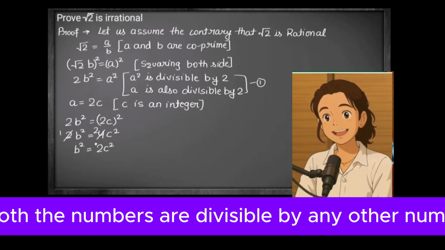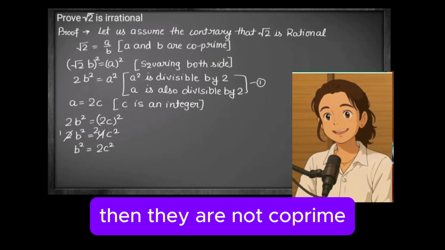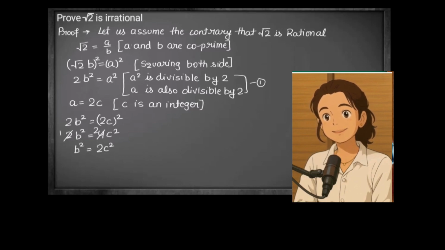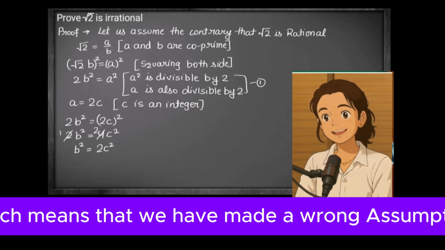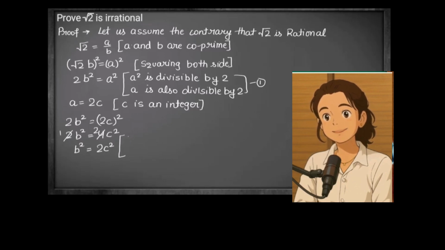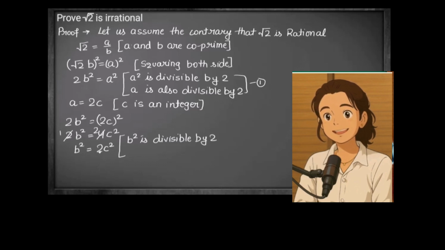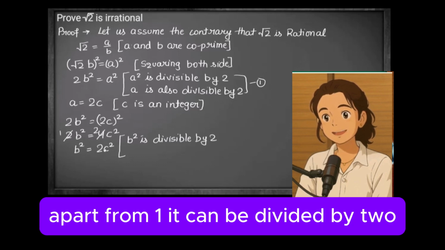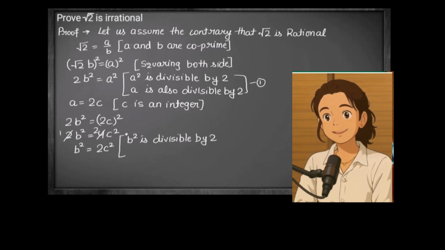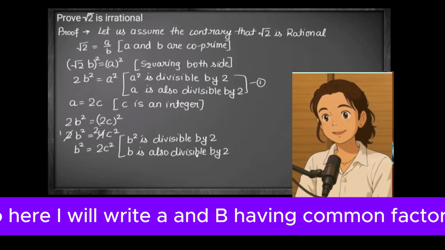If both the numbers are divisible by any other number except 1, then they are not coprime. Which means that we have made a wrong assumption that square root 2 equals a/b. The common factor of a and b is also derived here. Apart from 1, a can be divided by 2 and b can be divided by 2. So here I will write a and b having common factor 2.